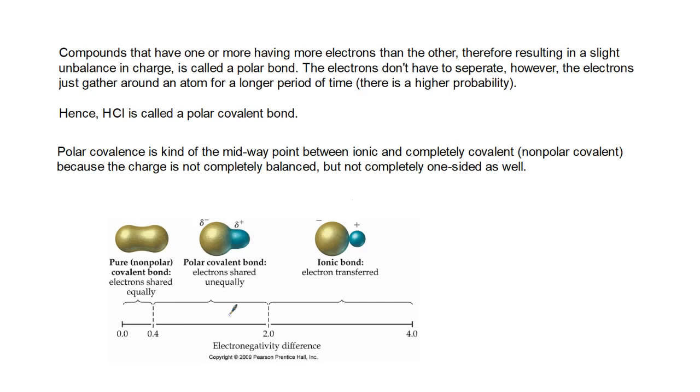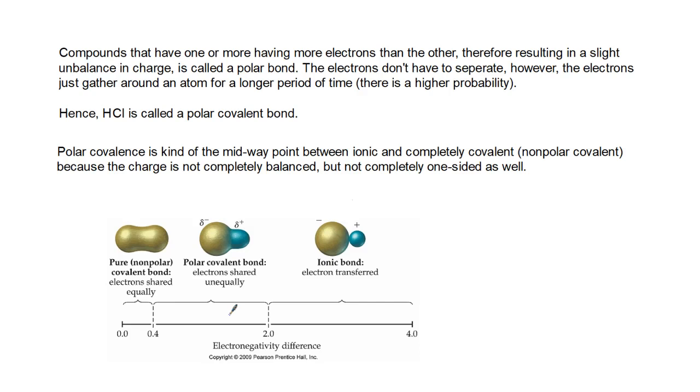HCl is called a polar covalent bond because the electrons hang out on the chlorine longer than the hydrogen. So the chlorine always has a slight negative charge more than the hydrogen. There's a high probability that the electron lands on the chlorine, right?